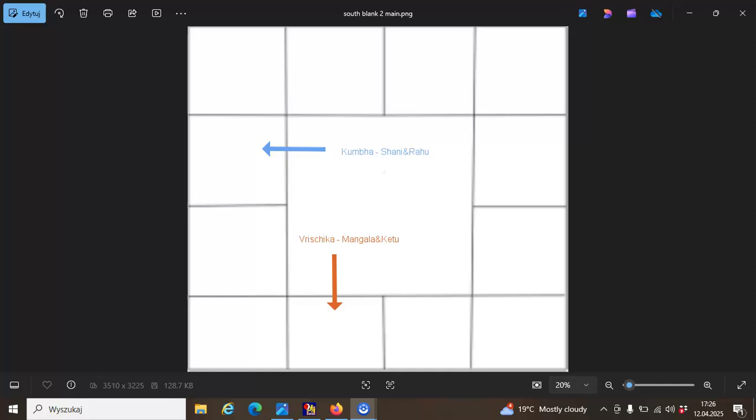So let's say Shani remains on its own, alone, in the sign of Simha, and we have found Rahu in the sign of Dhanu, in conjunction, let's say, with Shukra. Which one of the two becomes stronger? Obviously Rahu, so we'll count up to Rahu in such a situation.